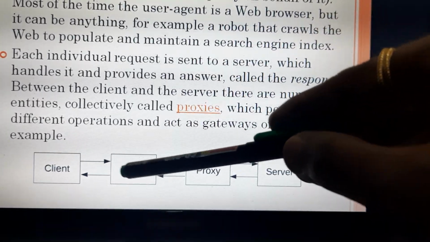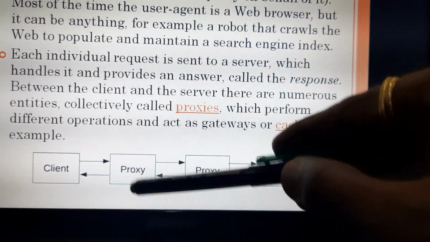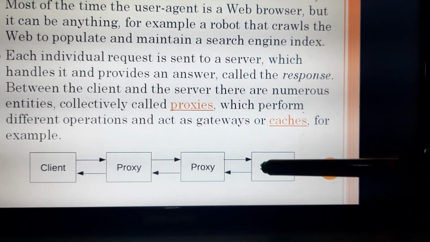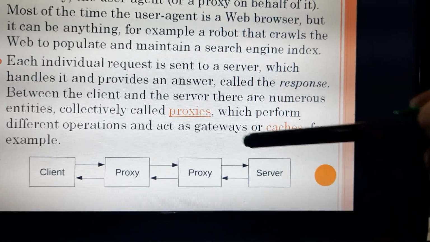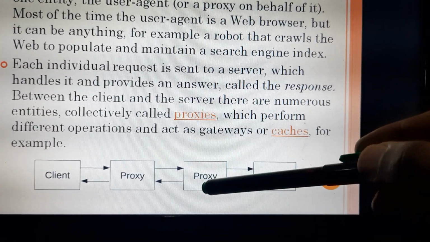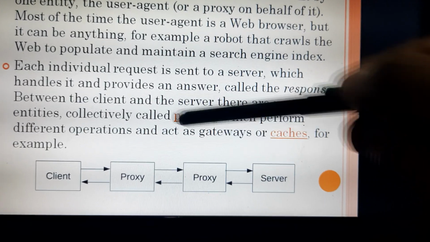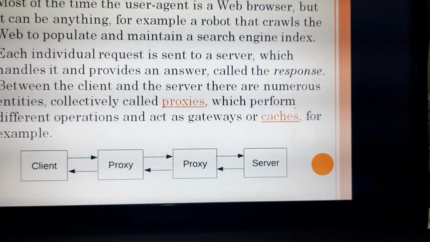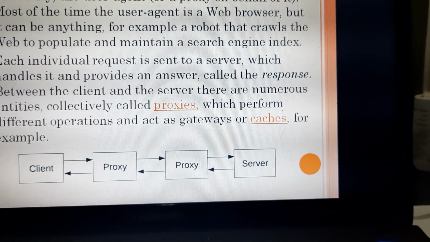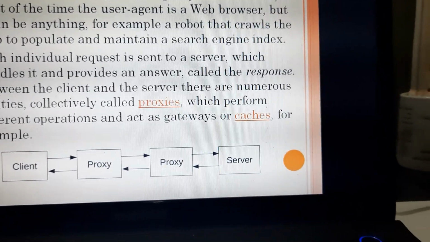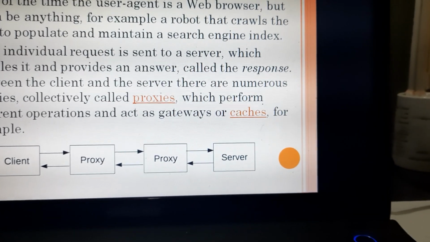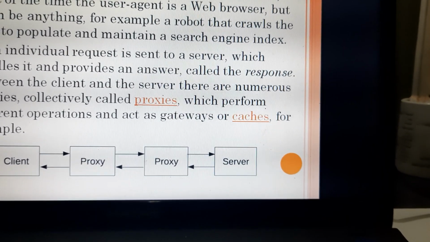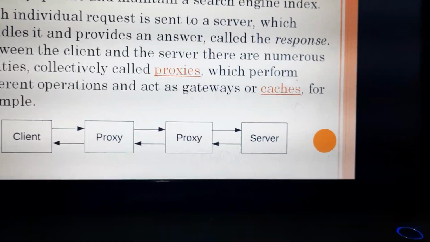Any request is made on behalf of the client also, the proxy places the request to the server, and when you obtain the responses or answers from the server, you might get them directly, or with the help of the proxies, because there are numerous entities between the client and servers which perform different operations and act like a gateway.